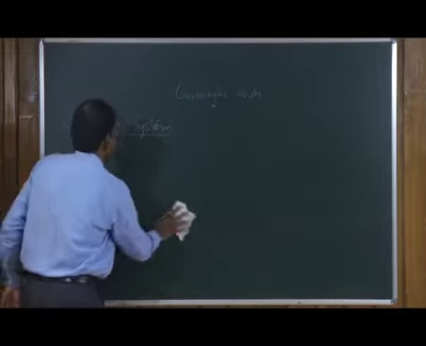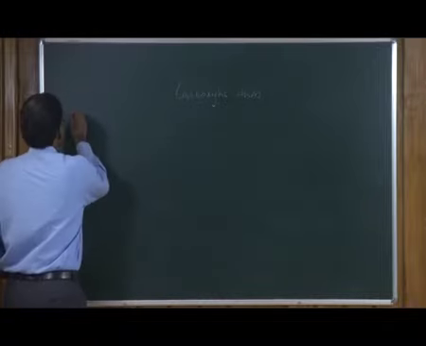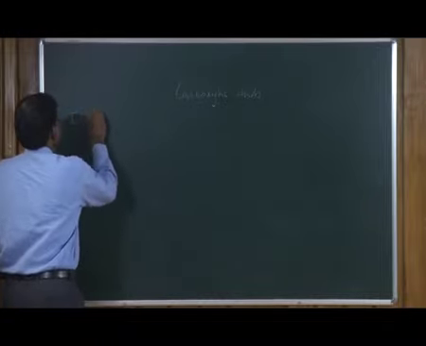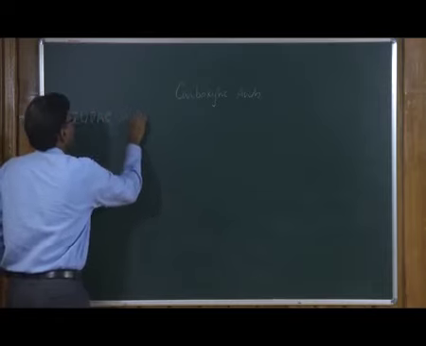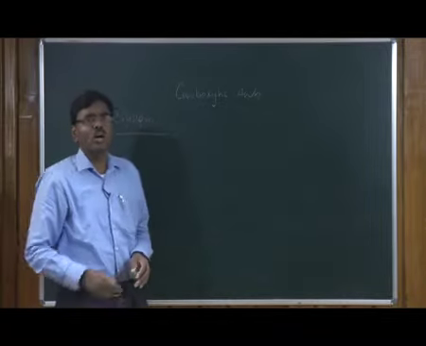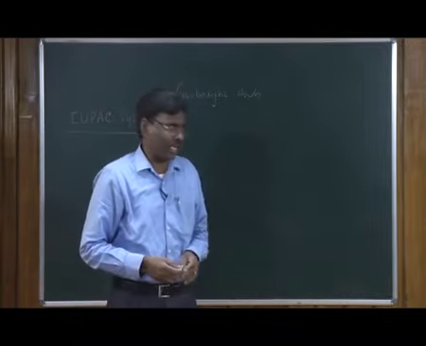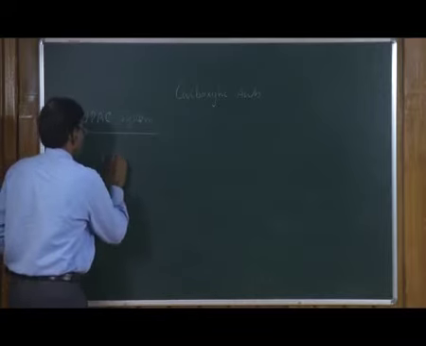Now let us look at the IUPAC system. In the IUPAC system, carboxylic acids are called alkanoic acids, for example, just as we have seen.